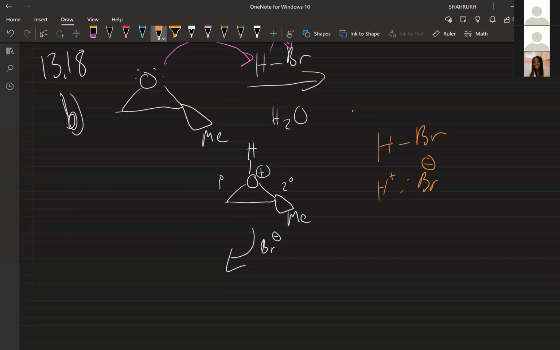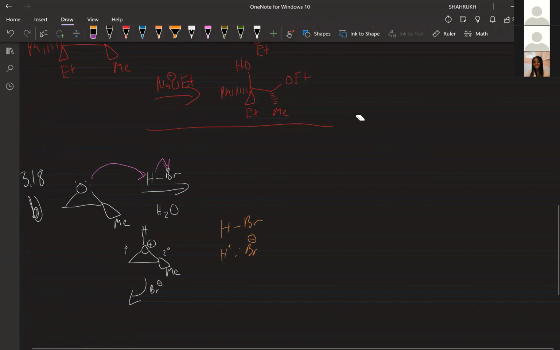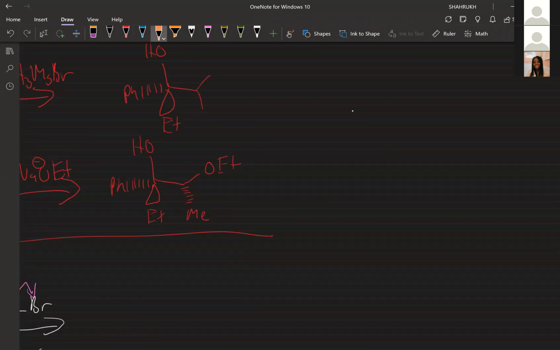Can I just ask one more question? You might. Yep. I should probably know this by now, but I'm still a little confused between nucleophile and electrophile. That's no problem. Nucleophiles are things that are rich in electron density. Examples are EtO minus, hydroxide, CN minus, which are examples of strong nucleophiles.